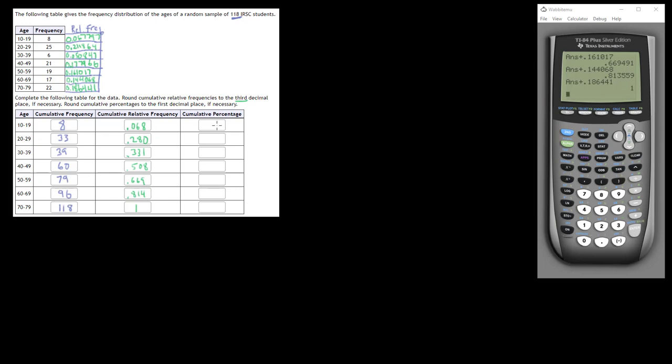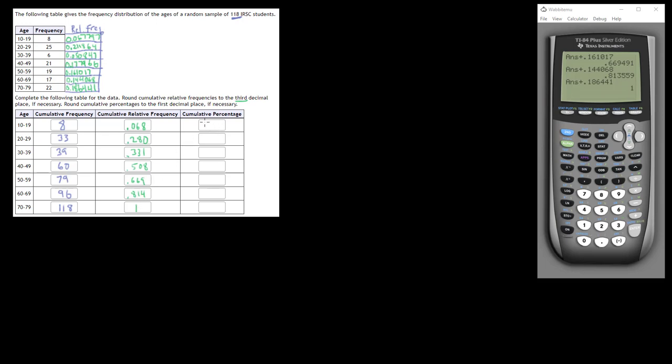Now, percentages, how do you get percentages from relative frequencies? Well, you multiply by 100. So notice we're supposed to round the percentages to 1 decimal place. Well, we already have cumulative relative frequencies, so we should just be able to multiply all these values by 100 to get percentages.